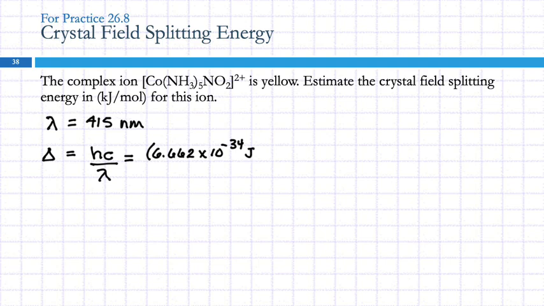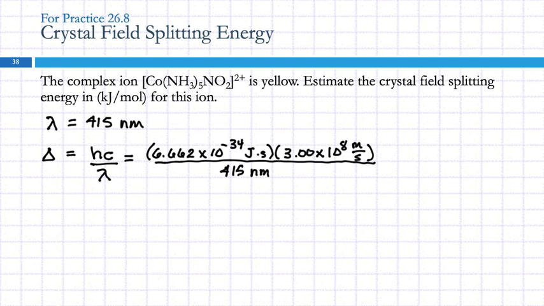Joule seconds. I don't expect you to memorize that number. I only remember it on good days. And c is the speed of light, 3 times 10 to the 8th meters per second. Again, I don't expect you to memorize that. And then we're going to divide by the wavelength that was absorbed, 415 nanometers.